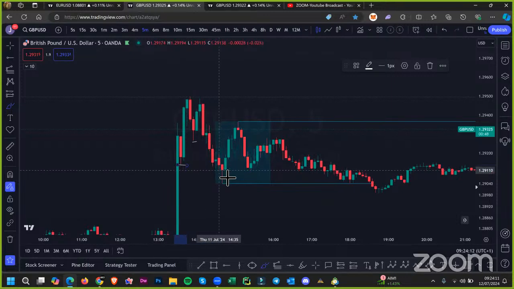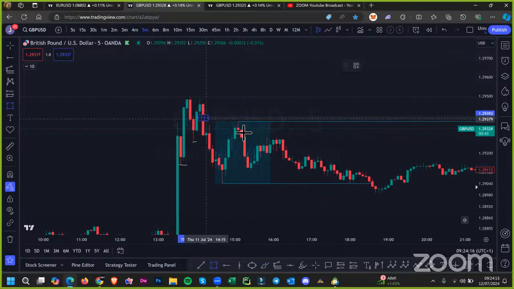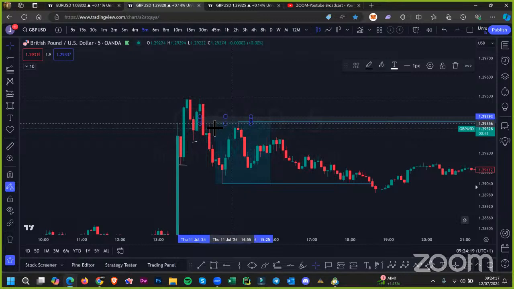We understand that when this market comes back up in here, it's coming back to tap into that inefficiency, because this is where the market started from to break that structure. Boom, it tapped into here and started to run.